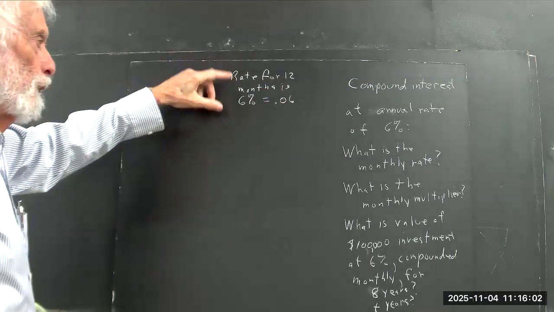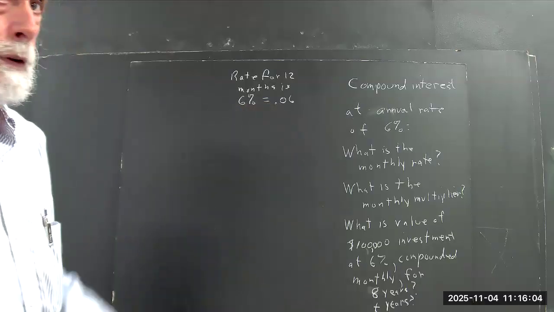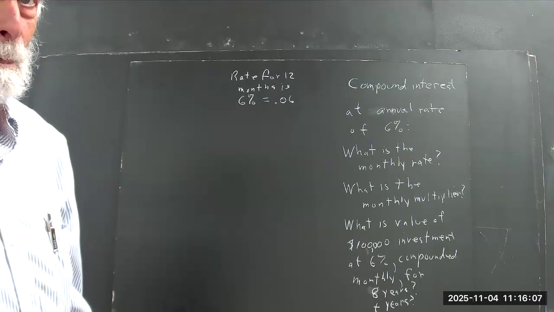We'll reason this out. The rate for 12 months is 6%, which is 0.06.